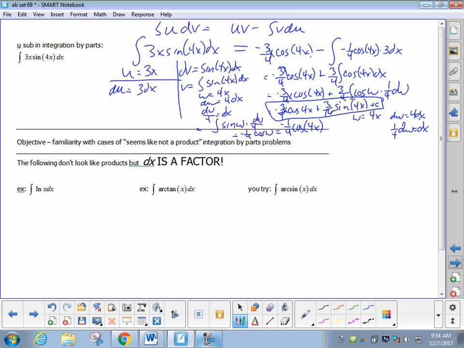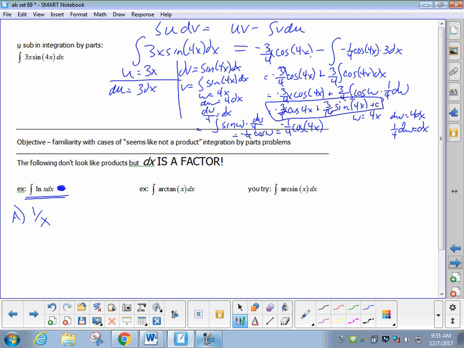Okay. All right. The most dangerous ones are the ones that don't look like integration by parts. I guarantee this is the age-old calculus exam problem. I can tell you calculus teachers from all over the world will put this problem on their exam, and they will make choice A 1 over x.